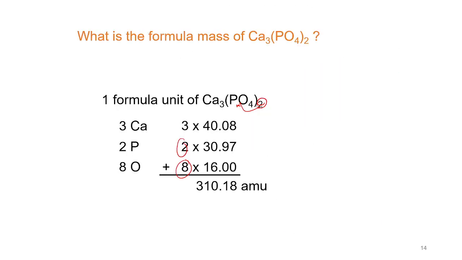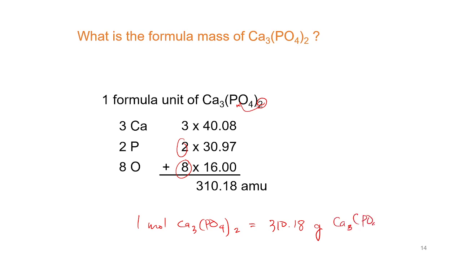So we have here, the formula mass of our calcium phosphate: 1 mole of calcium phosphate is actually equivalent to 310.18 grams of calcium phosphate.